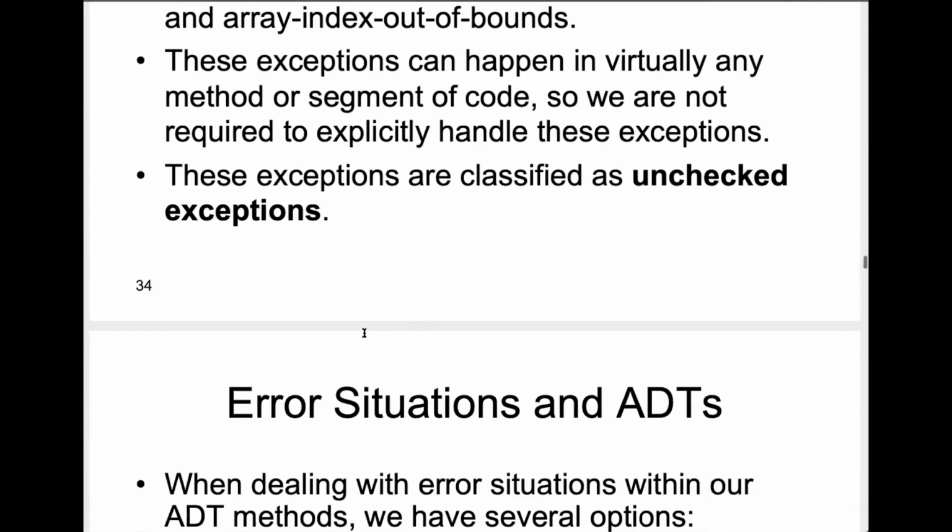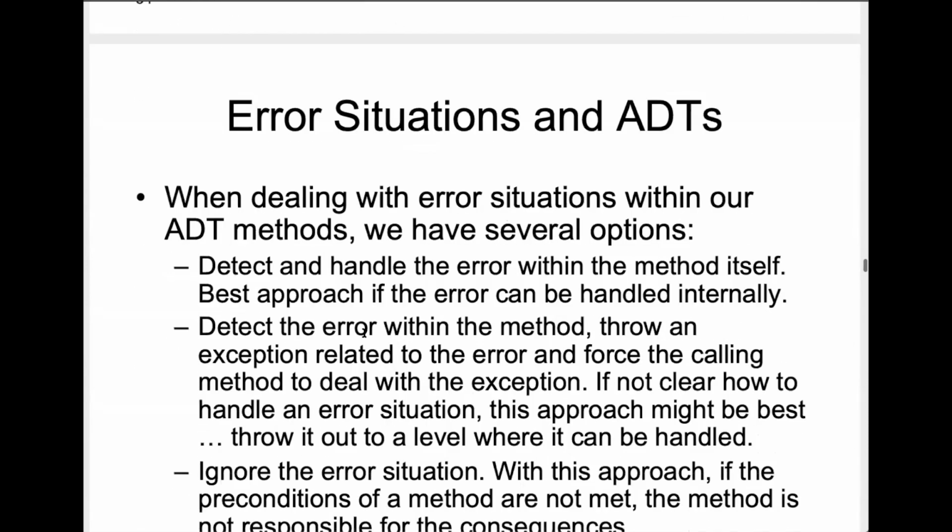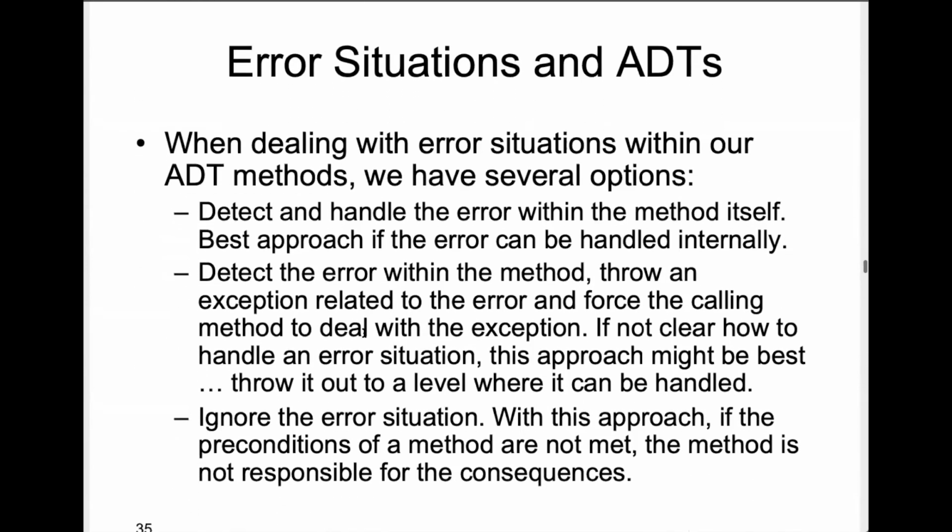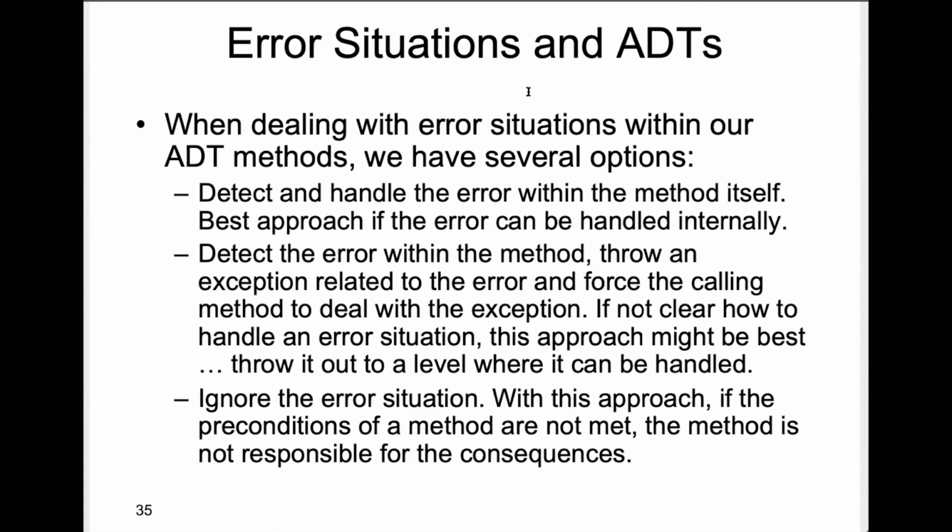Okay, so here are the exception situations associated with various different abstract data types. So abstract data types are data structures. So you're going to see stuff like this. Detect and handle the error within the method itself, or detect the error within the method but throw an exception related to the error and force the calling method to deal with the exception.